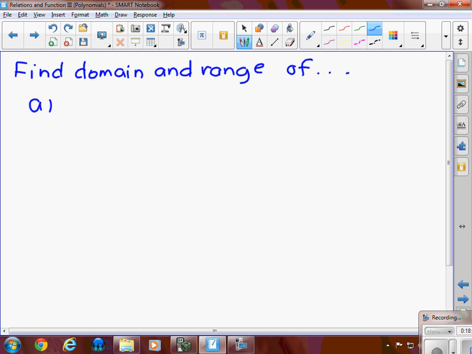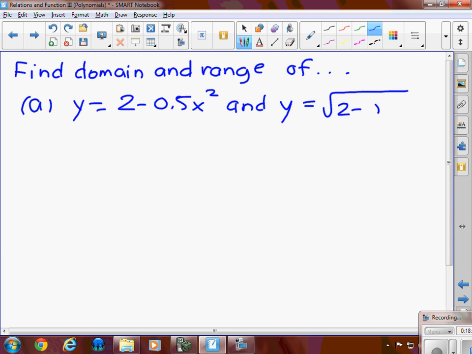The first guy, A, is y equals 2 minus 0.5x squared, and y equals the square root of 2 minus 0.5x squared. So we're going to talk about the domain and range of these.